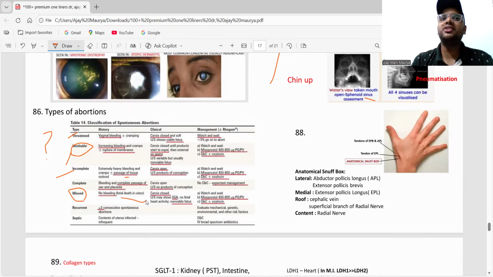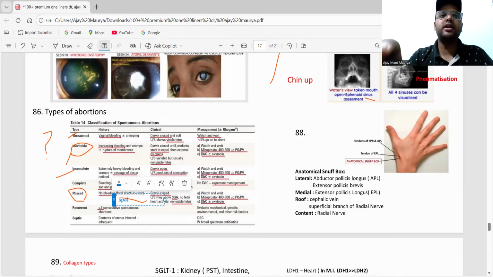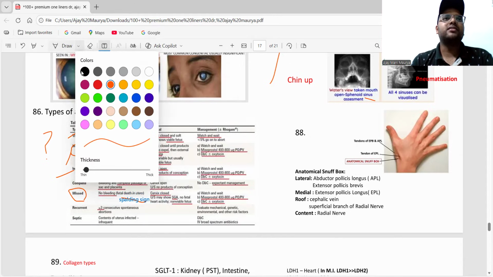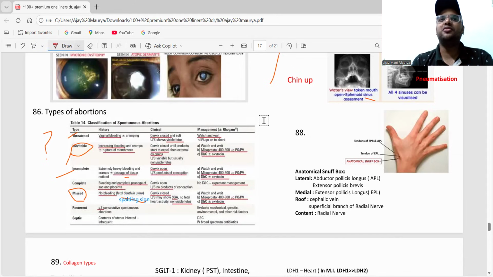In the ultrasound we will see the Spalding sign. Very important, Spalding sign on the ultrasound. It means fetal death. I'm not going into detail because this is the one-liner.